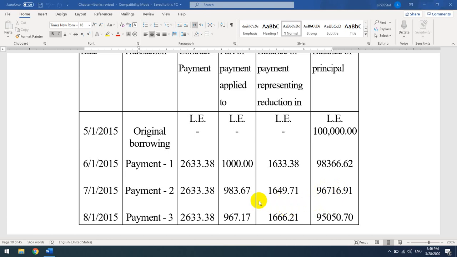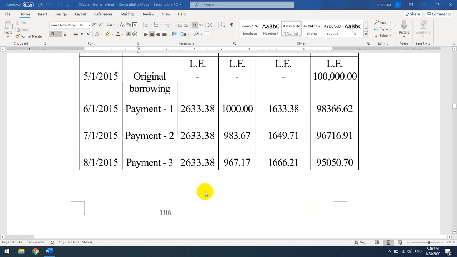You see the third payment, to continue calculating and let you know how to make the amortization of the mortgage loan.